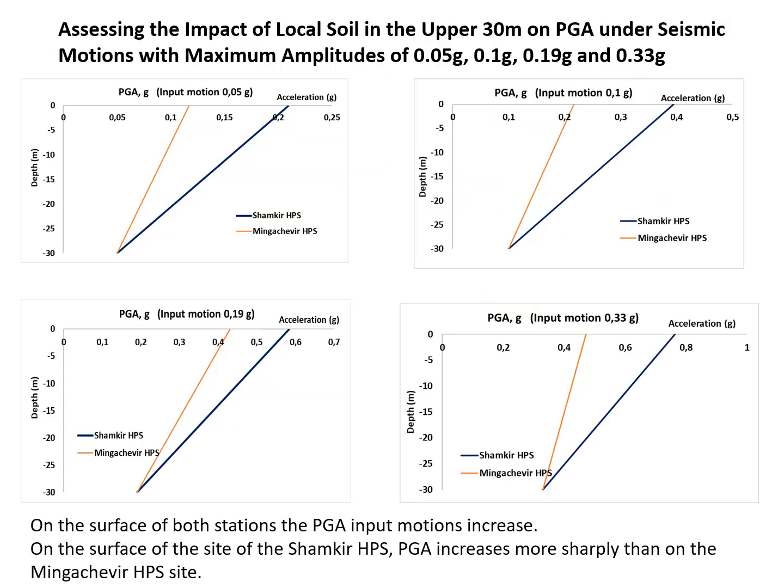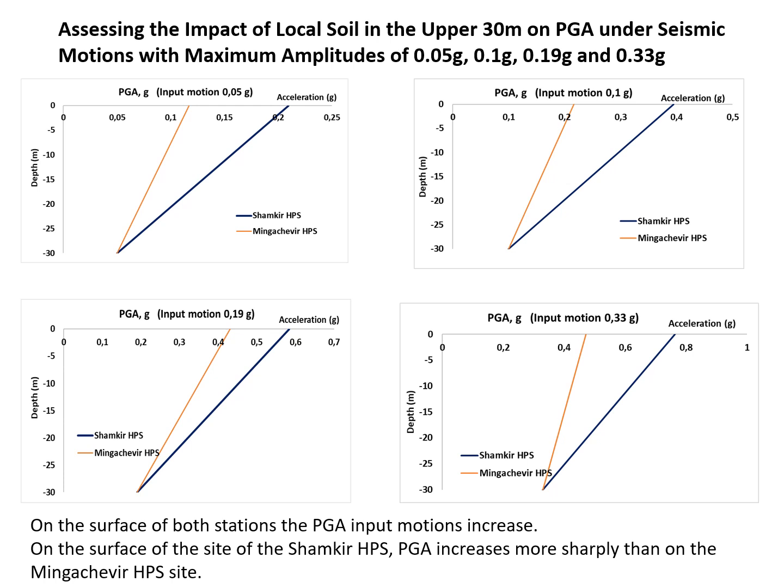This slide shows changes in peak ground accelerations during the propagation of seismic waves from the bedrock to the surface through the upper 30-meter layer of soil at the sites of the Mingachevir and Shamkir hydroelectric power stations. Changes in peak ground accelerations for different amplitudes of input motion are shown.